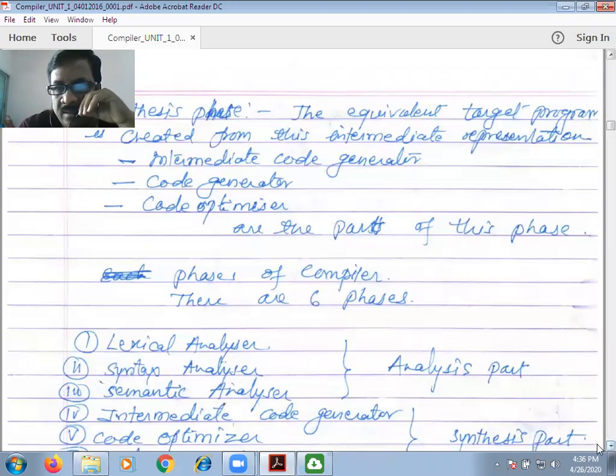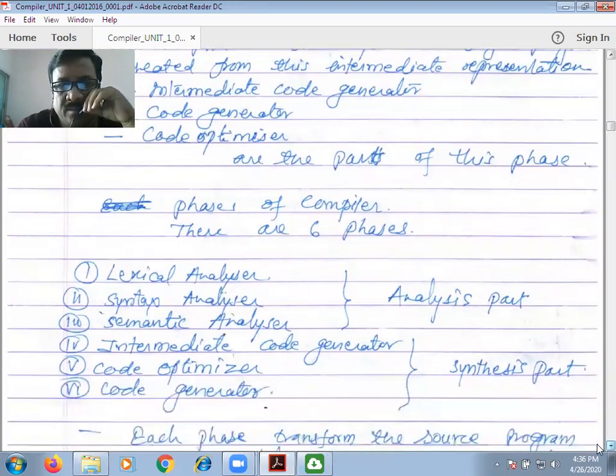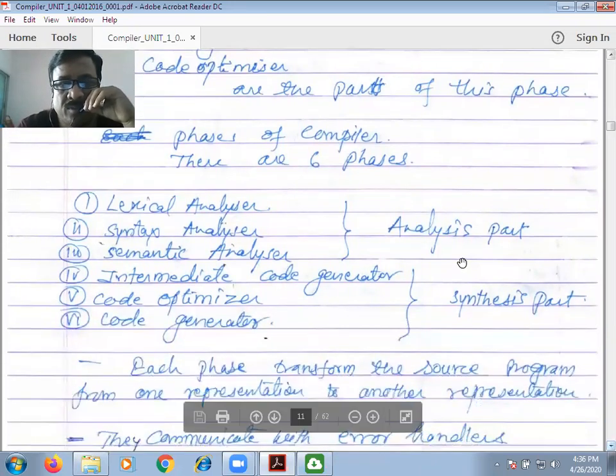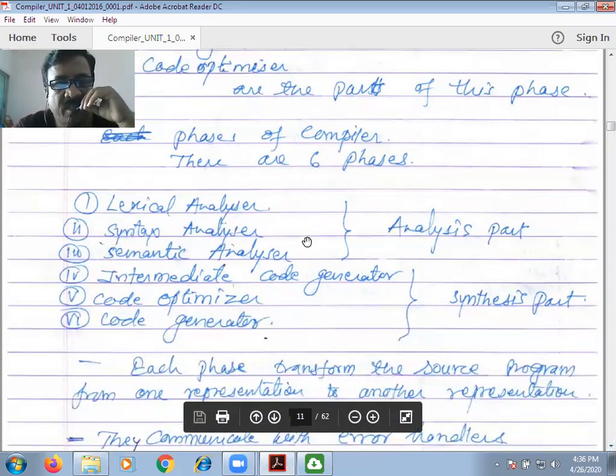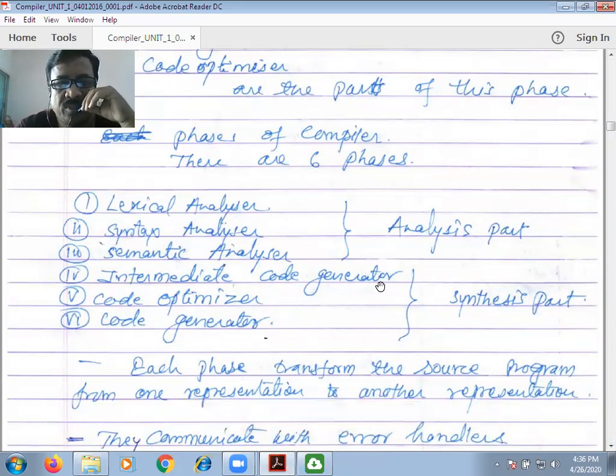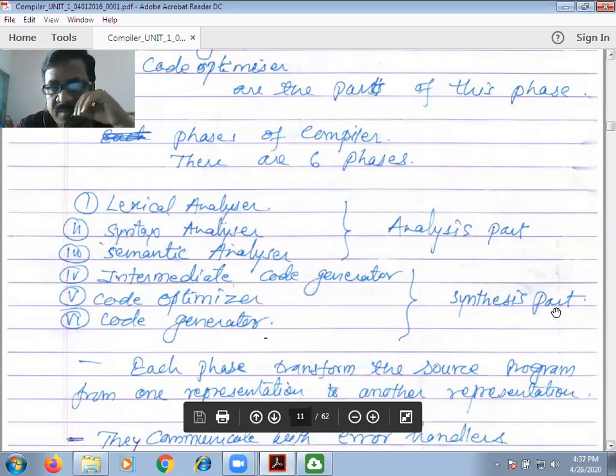There are 6 phases in total: lexical analyzer, syntax analyzer, semantic analyzer, intermediate code generator, code optimizer, and code generator. The first 3 phases are called the analysis phase, and the remaining 3 phases are called the synthesis phase.